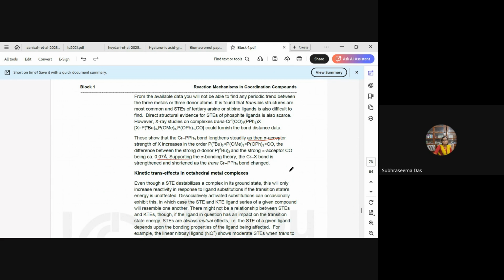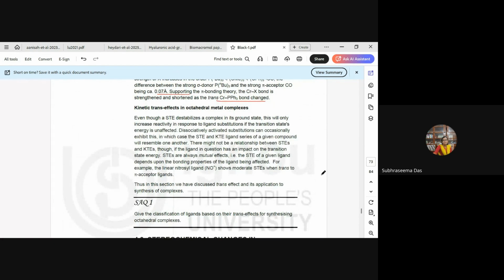Supporting the pi bonding theory, the chromium-X bond is strengthened and shortened as the trans Cr-PPh3 bond is changed.